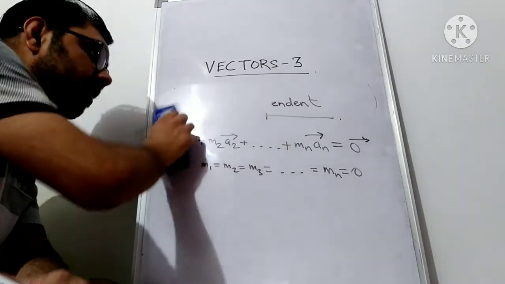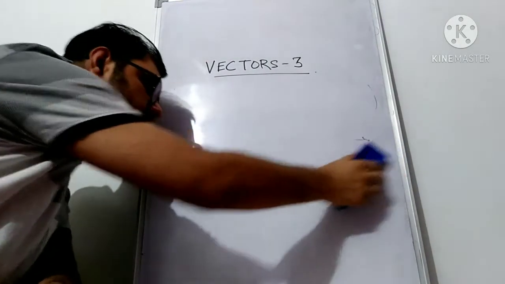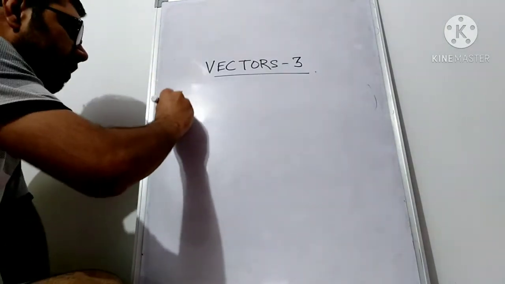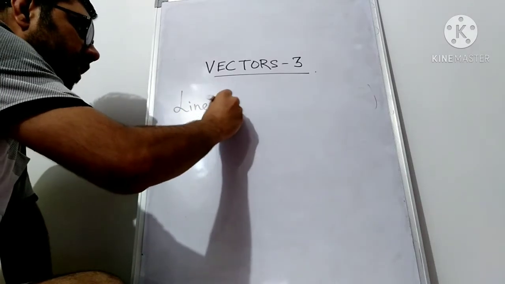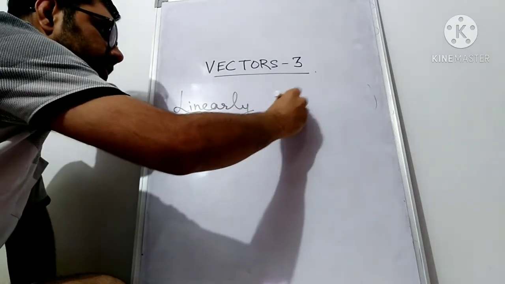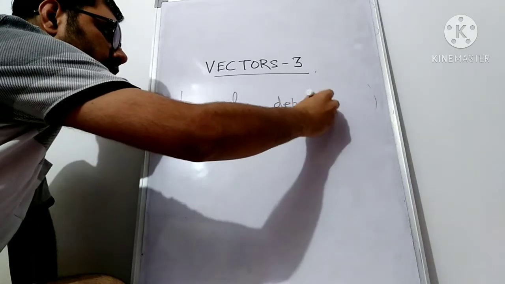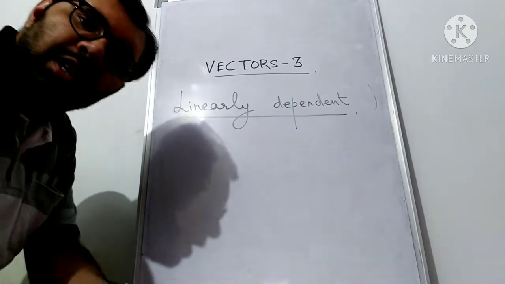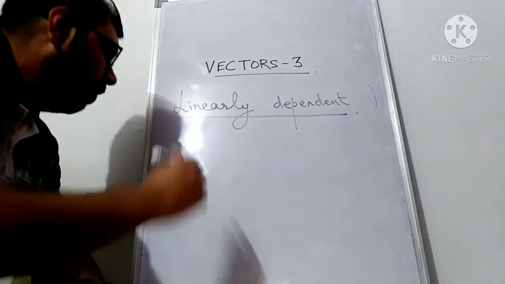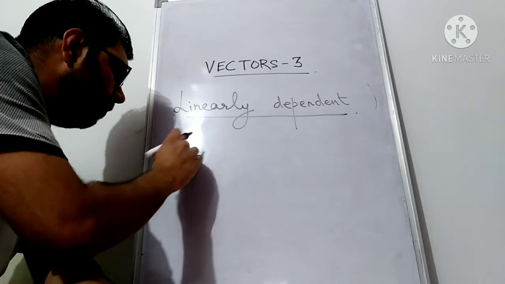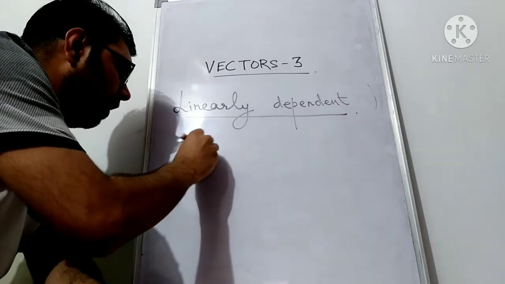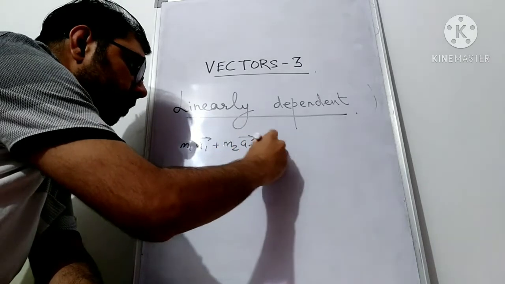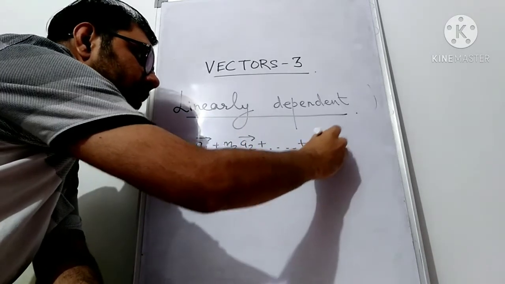The third case in this is linearly dependent. For linearly dependent, we have m1 into a1 vector plus m2 into a2 vector, up till mn into an vector.